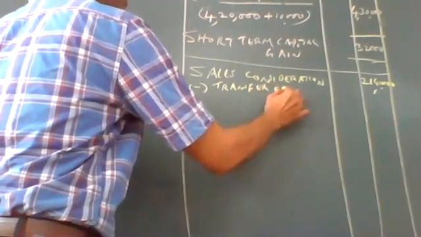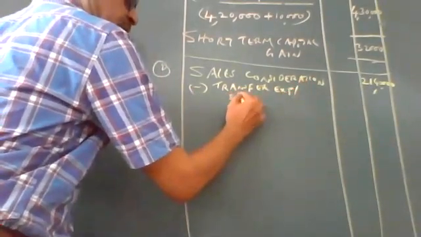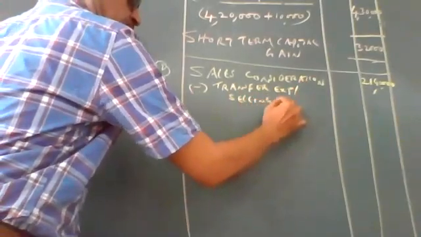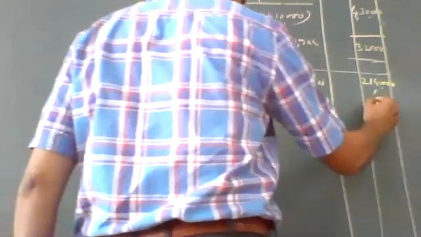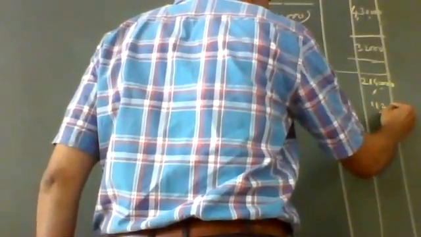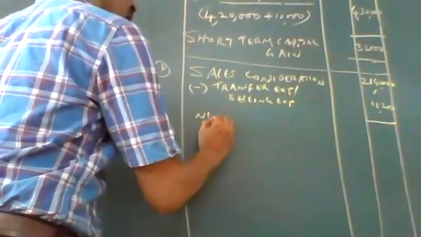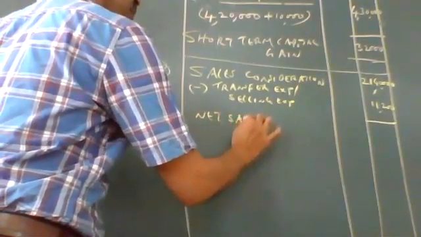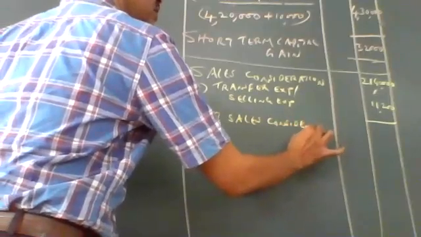How much are the selling expenses or transfer expenses? 11,200. So the net value we get is called net sales consideration.